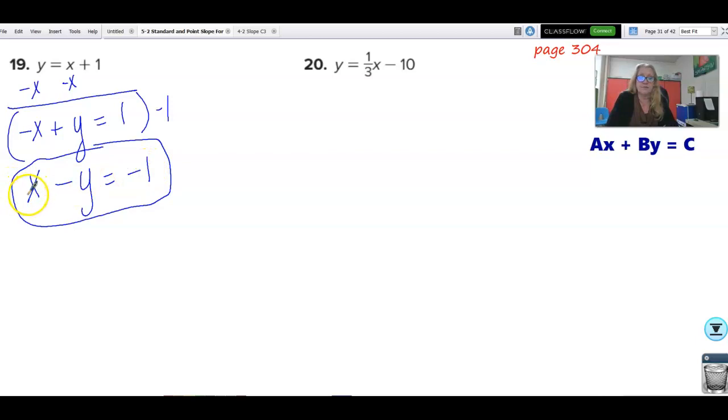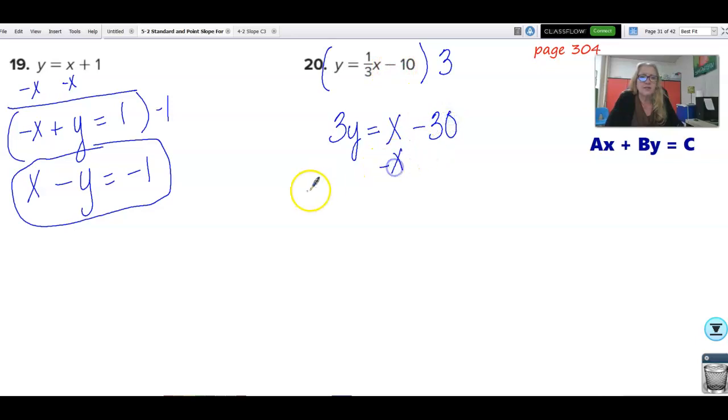X can't be negative. All right, and here we have a fraction, and I noticed it this time. Multiply everything by 3. Now, there are no expressions in parentheses here, so every term will get multiplied by this 3. We have 3y equals 3 times a third is 1, so it's just 1x, and 3 times negative 10 is negative 30.